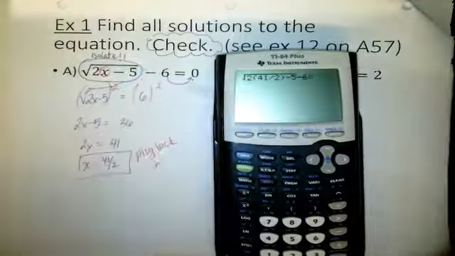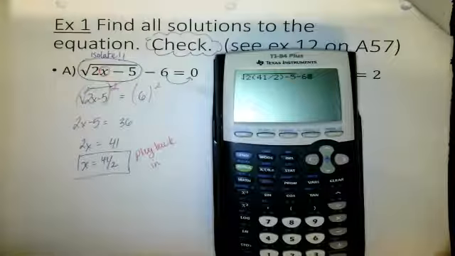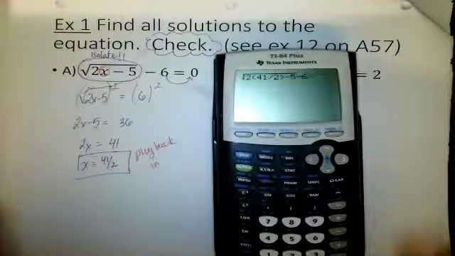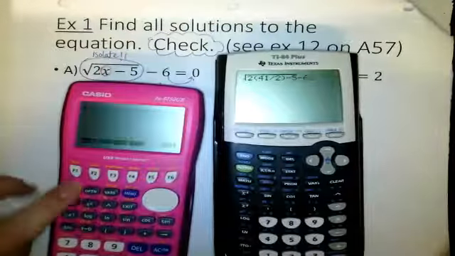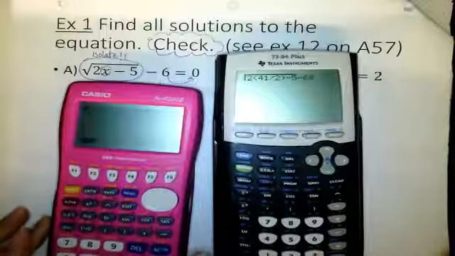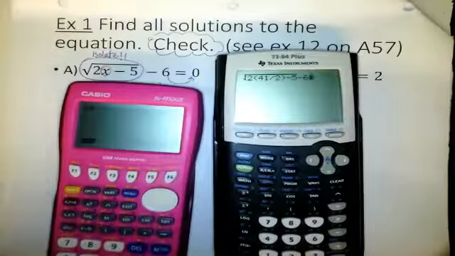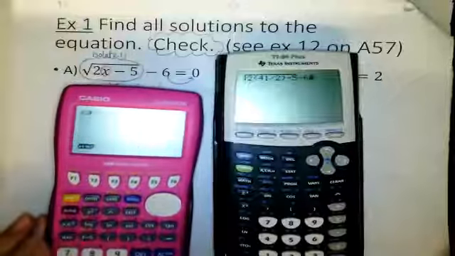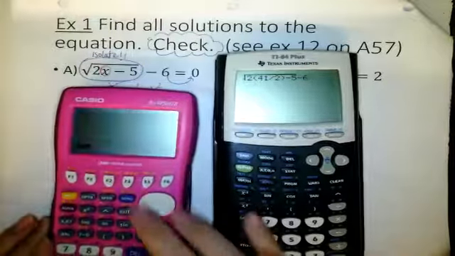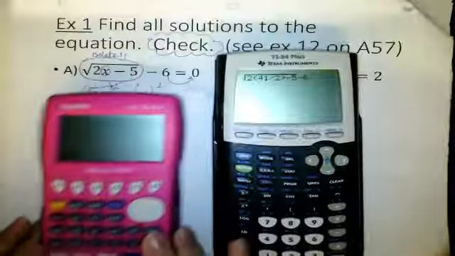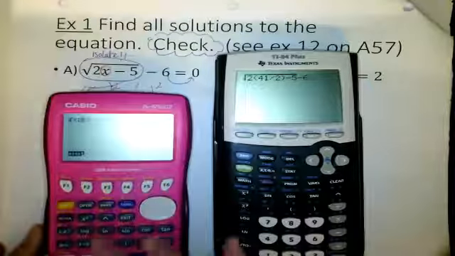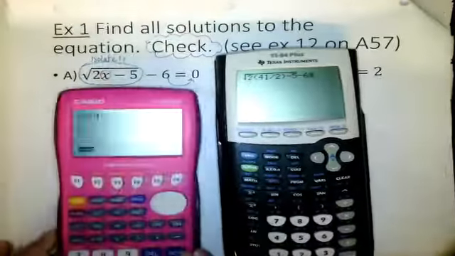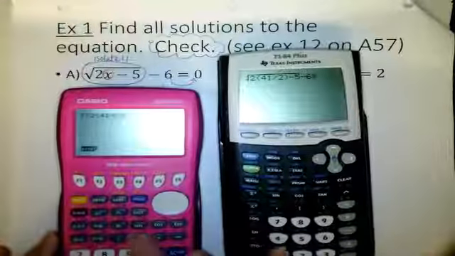If you have a Casio, you want to make sure that you put in parentheses, I think. Let me see. I didn't check this with my Casio. So I'm going to do square root somewhere. There we go. Square root of 2. Okay, so my Casio doesn't have parentheses in that square root. I'm going to put in parentheses just to be sure what is inside the entire radical. 2 times the 41 halves, so 41 over 2.